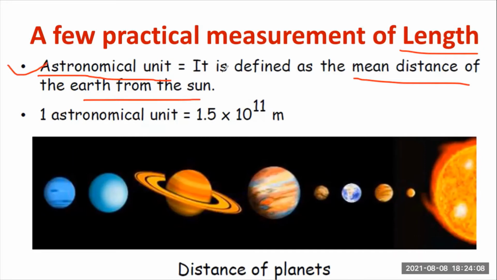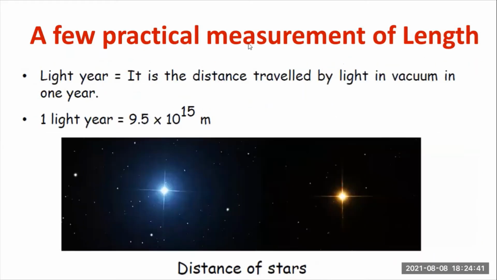And also 1 AU, 1 astronomical unit, is equal to 1.5 into 10 to the power 11 meter. So you can convert 1 AU into meters: 1.5 into 10 to the power 11 meter. You can imagine that much length; the dimension is very high. So normally it is expressed in terms of astronomical units, especially to calculate the distance of planets.